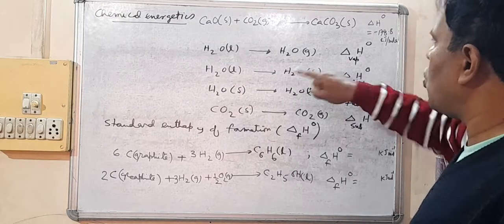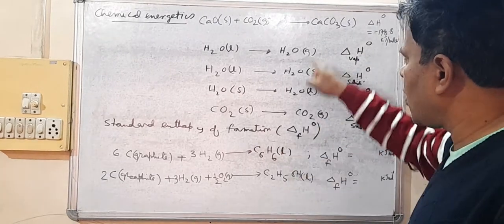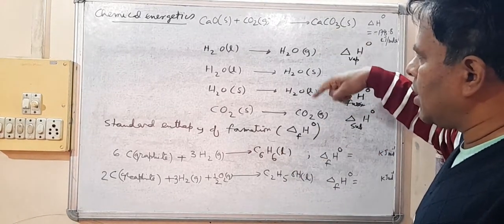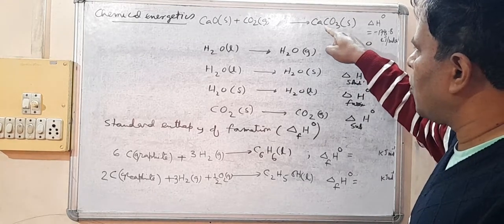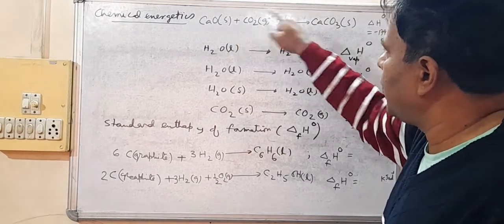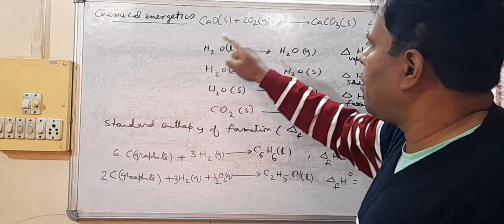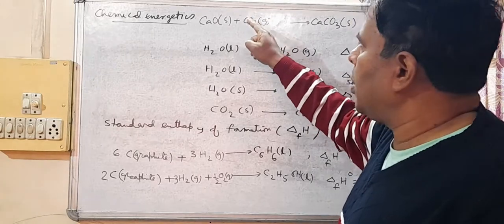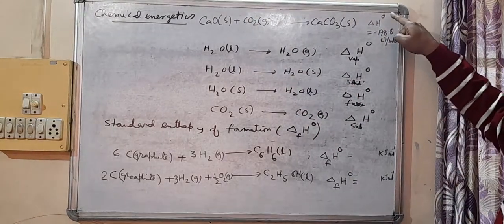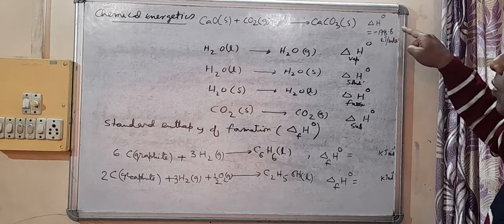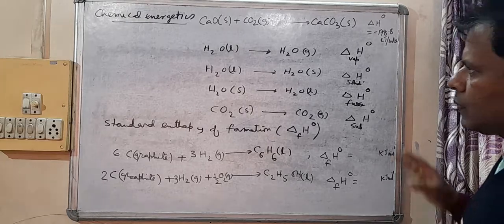Because you see, though 1 mole of calcium carbonate is formed, as it has been said in the definition, it has to be formed from its constituent elements. Now calcium oxide is not an element, it's a compound. Carbon dioxide is not an element, it's a compound. So this value of standard enthalpy change is not the enthalpy of formation.